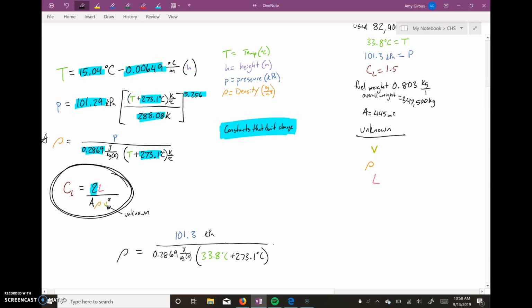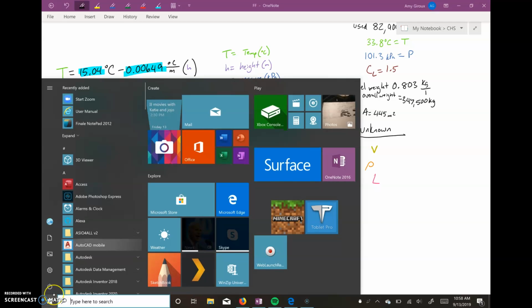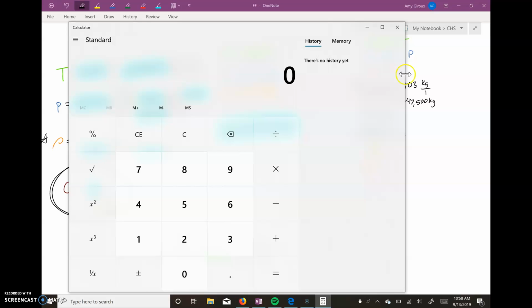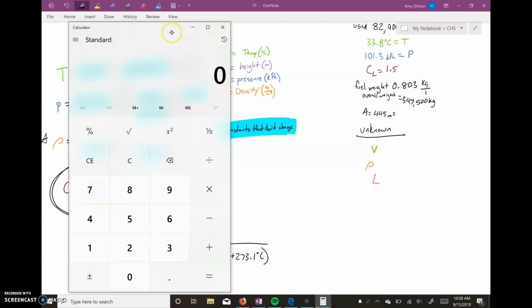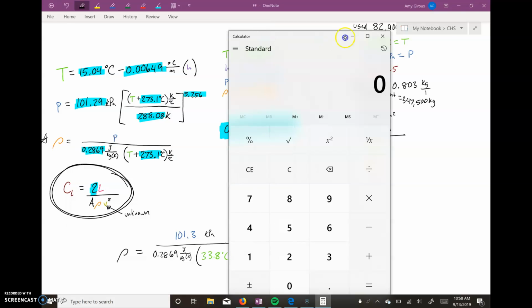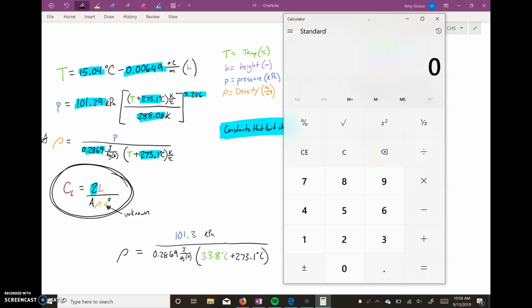What we would do is plug this into our calculator. Let's actually show that if you'd like to see. We have our denominator. I'm going to do 33.8 plus 273.1, since that's in our parentheses first, following order of operations.